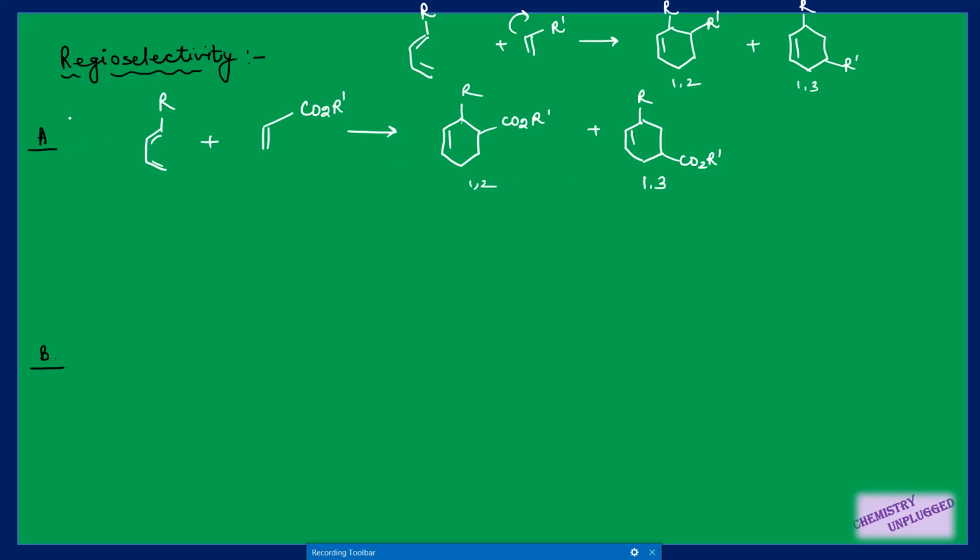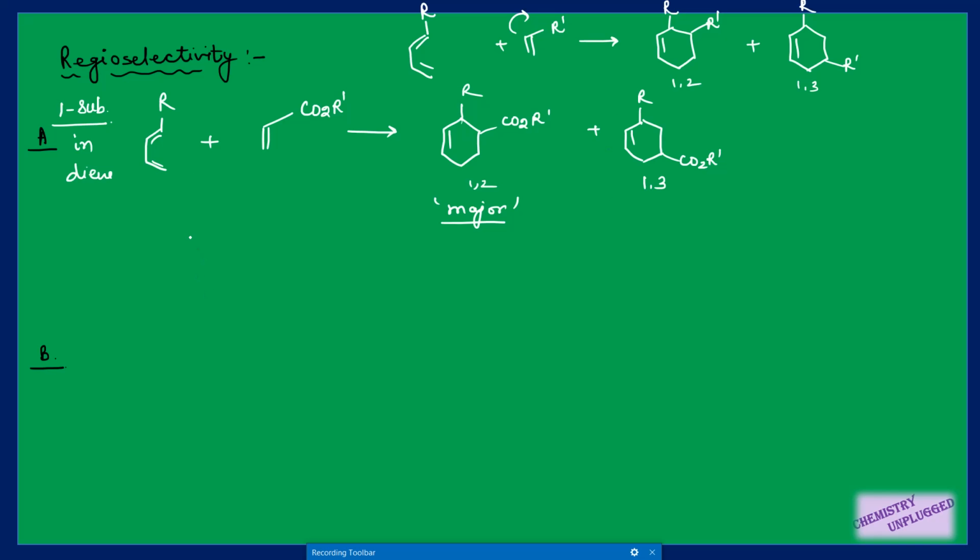So in case of one substituent, means substitution at the first place of the diene, most of the time we will get 1,2 as the major product. This is our major product when we have one substituent at the diene. Right. But the proportion of the 1,3 product can be increased.